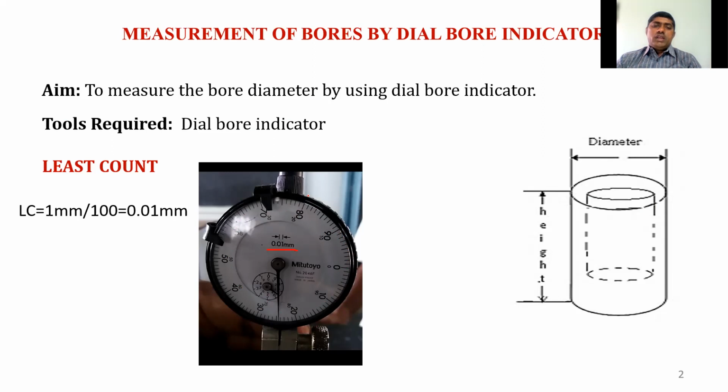Suppose the large hand moves through 100 divisions, the small hand will move through one division. If the small hand moves through one division, that means it moves through 1 mm.